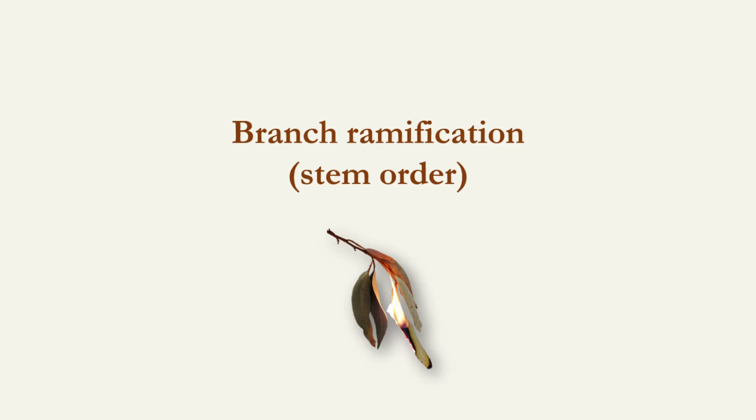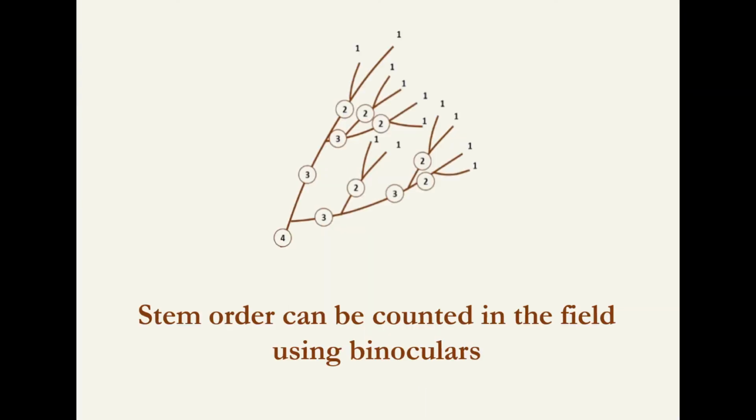The next issue is the density of leaves within each clump. The first way to estimate this is through the ramification of branches. In ramification, we're looking at something that's similar to stream ordering, where we have a first order branch, which is the branch that the actual leaves are attached to.